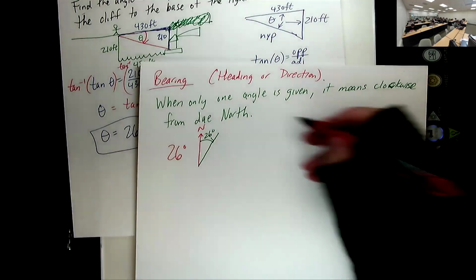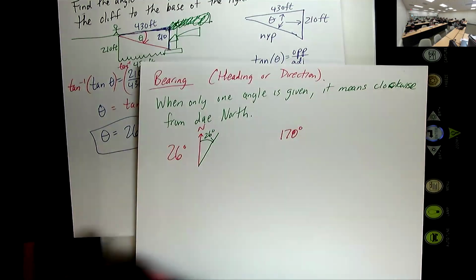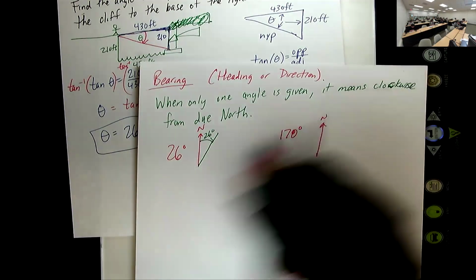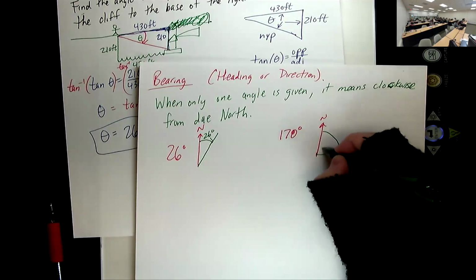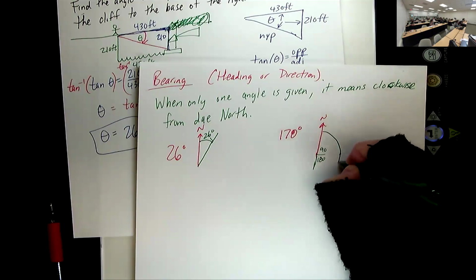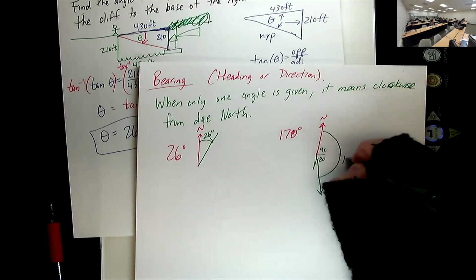If it says 170 degrees, still going off of true north, getting to here would be 90. Going all the way around to the bottom would be 180. So it looks like we're going close to 180 and we're stopping, and that would be the direction of 170 degrees.